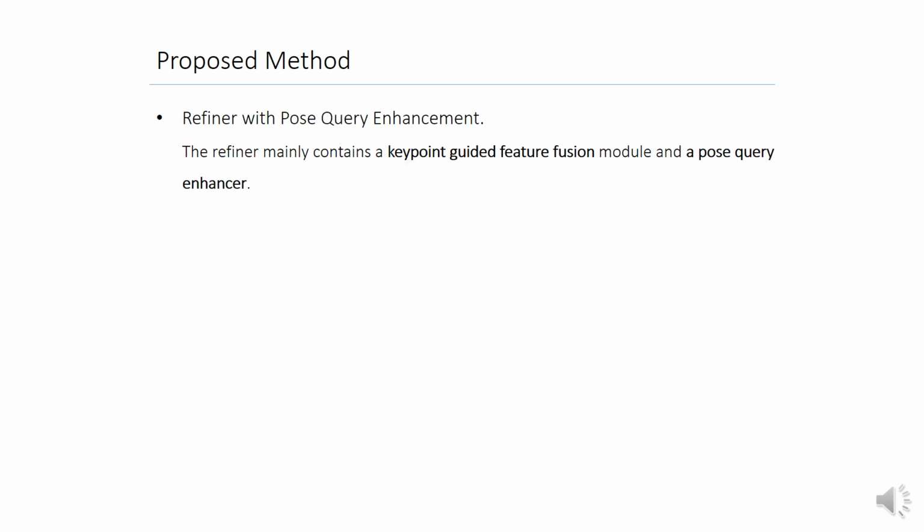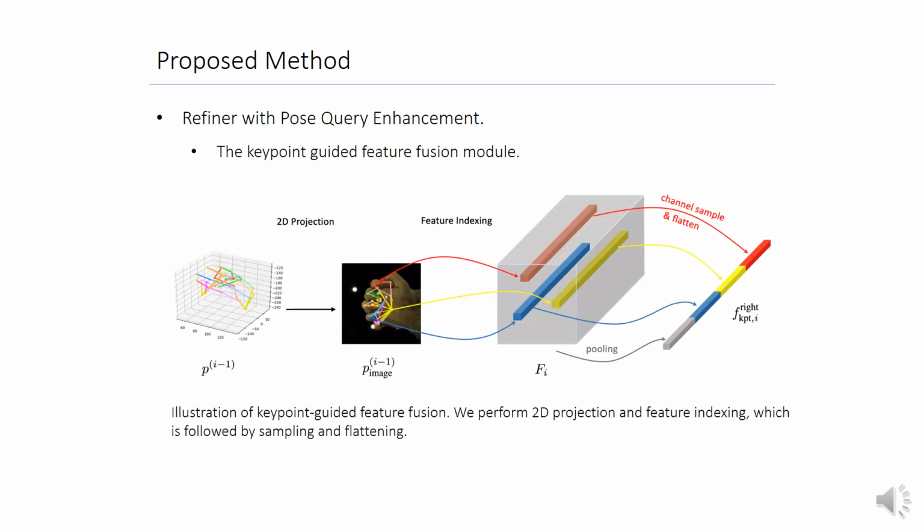The core part of our model is the refiner with pose query enhancement. The refiner mainly contains a key point guided feature fusion model and a pose query enhancer. Given a 3D key point prediction from the previous stage and a feature map at the current scale, the key point guided feature fusion model reprojects the 3D prediction to 2D image space.